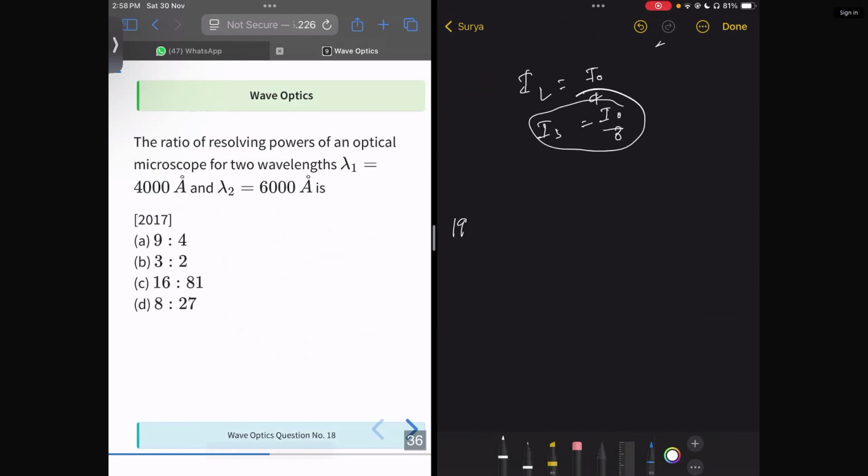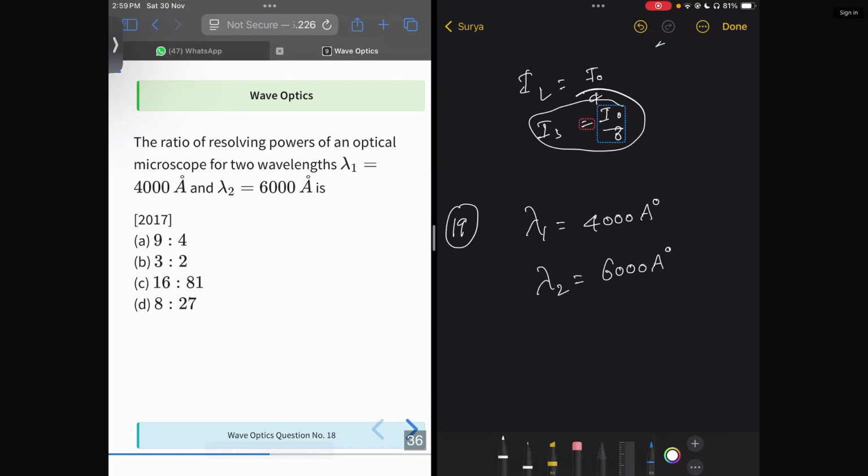So next question. The ratio of resolving powers of an optical microscope for two wavelengths, lambda 1 is 4000 angstroms and lambda 2 is 6000 angstroms.